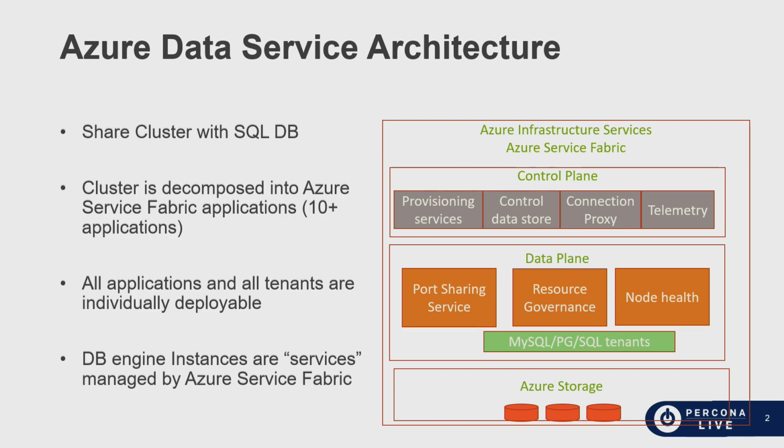And we have the resource governance service, which makes sure every instance inside this particular node can really share the CPU, memory, disk, all those things, and guarantee fairness. And also there's a health and monitoring service. These are the three big things, we call them services. But later on, we will explain why we call them services.